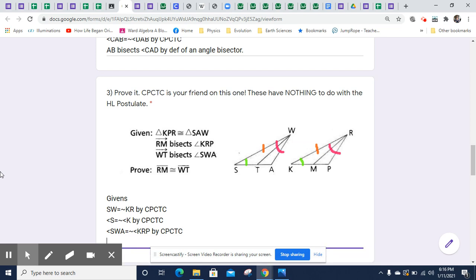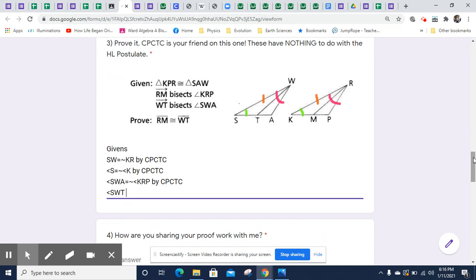And then we can say angle SWT is congruent to angle KRM by division, because we've bisected these angles, so we've divided them into two equal parts. So if these are congruent, half of congruent angles are congruent halves as well.